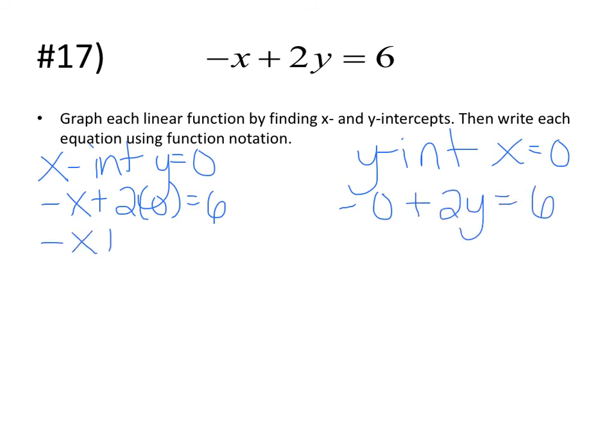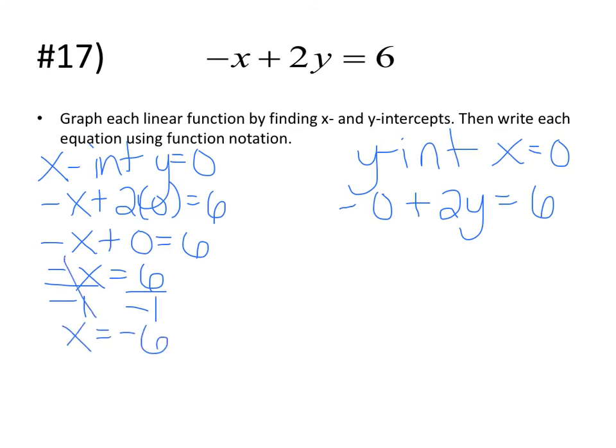So negative x plus 0 equals 6, so negative x equals 6. X equals negative 6. Over here I have negative 0 is just 0. 2y is equal to 6. Y is equal to 3.